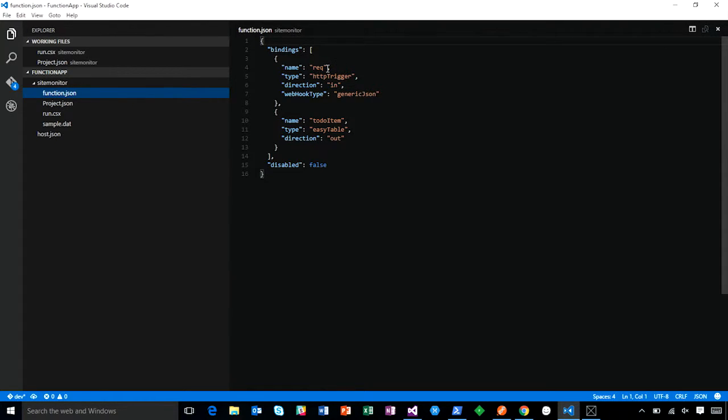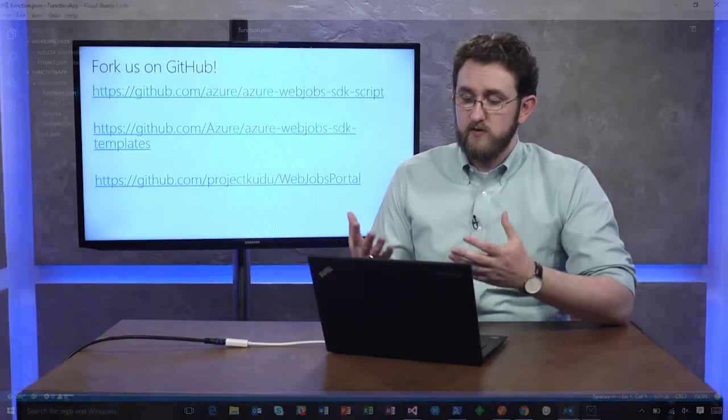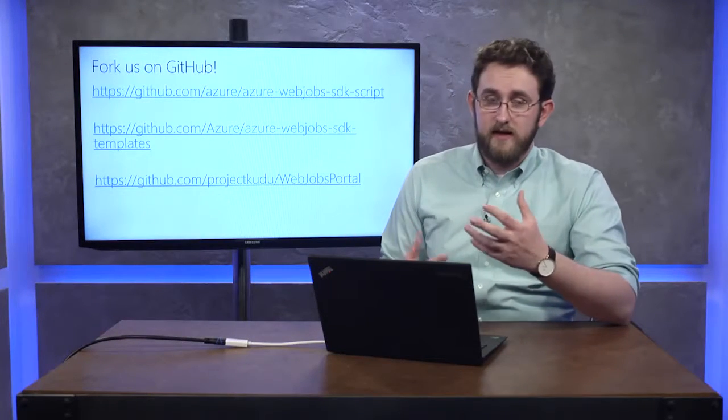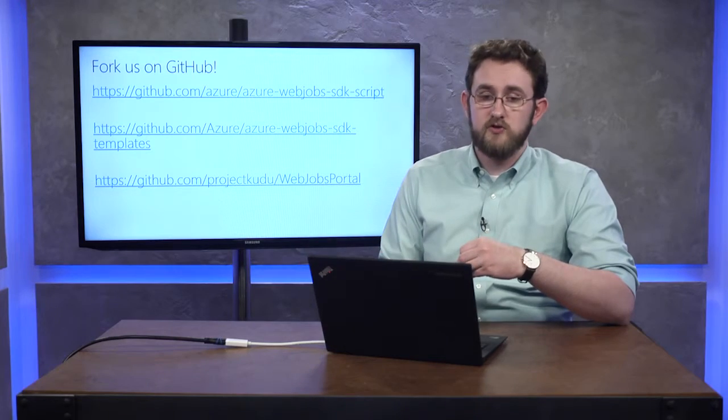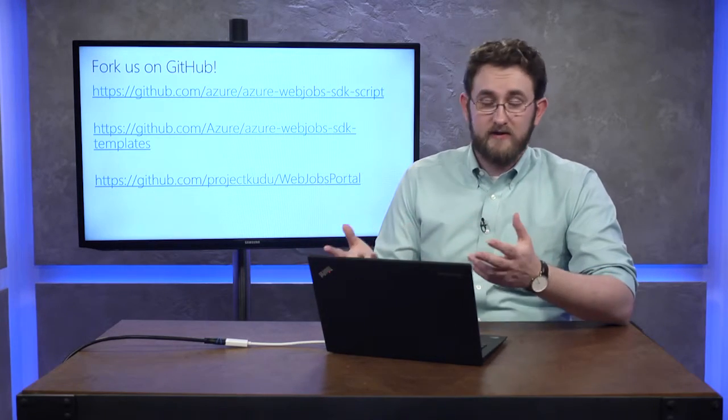We can see that the name of the request object was req, and it's being treated as an HTTP trigger for a webhook. Similarly, I'm using EasyTable, the tables component for mobile apps, and its name is to-do item, and it's an output parameter. This is where you configure the settings that make up these integrations. For secrets, we pull those in from application settings, so that you're not checking them into your repo.